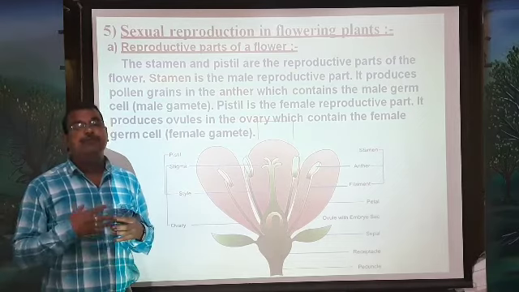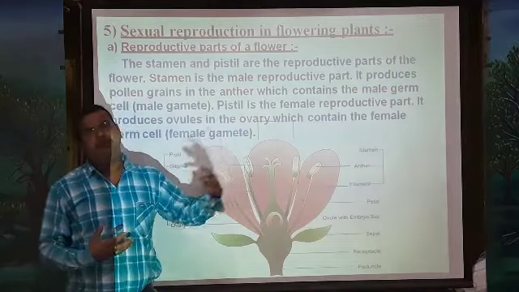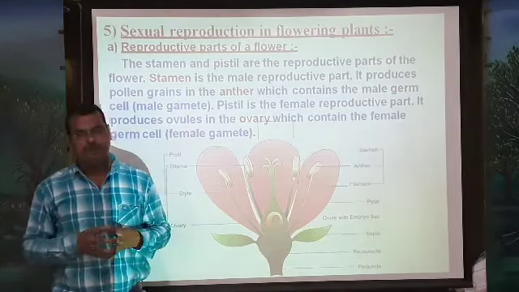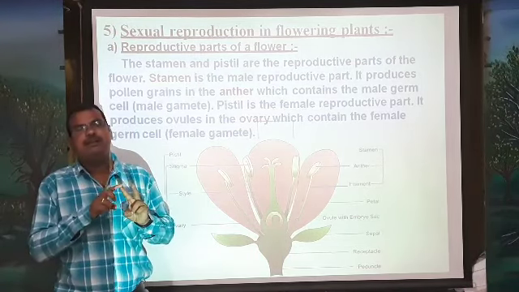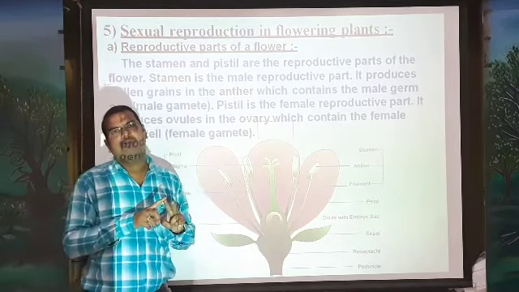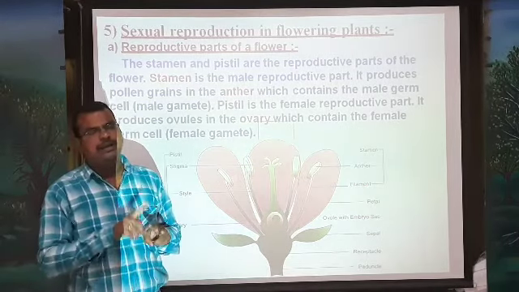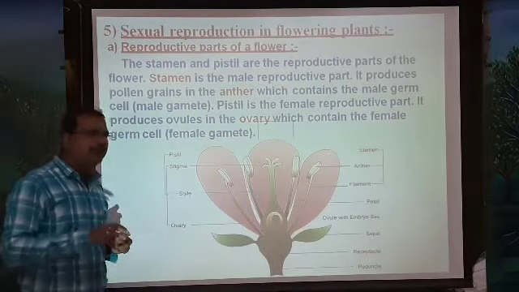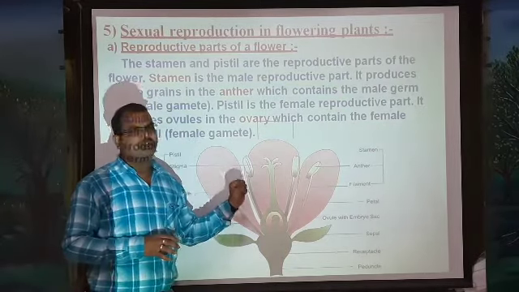If a flower contains either the male reproductive part or the female reproductive part, such a flower is called a unisexual flower. Uni means one, bi means two. If it contains both male and female reproductive parts, it is a bisexual flower. If it contains any one, either male or female, it is a unisexual flower. Okay, so this is a typical structure of the flower.